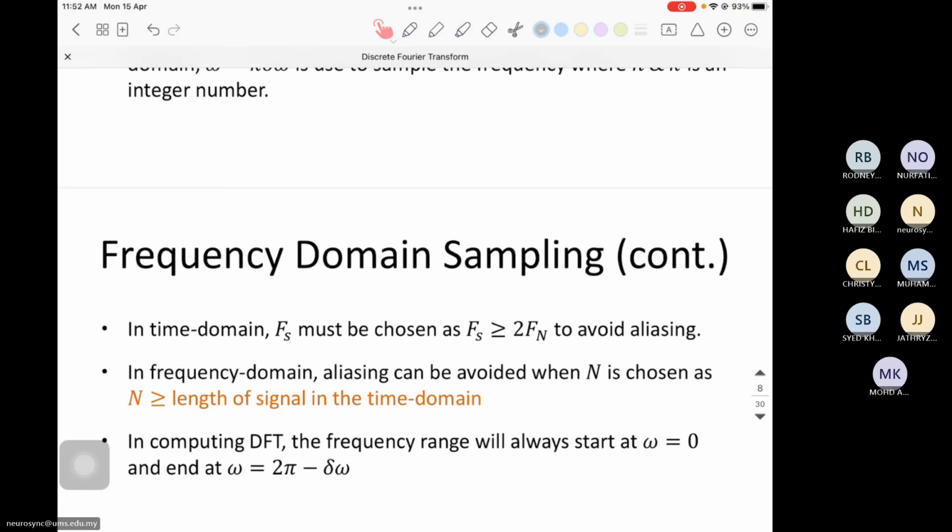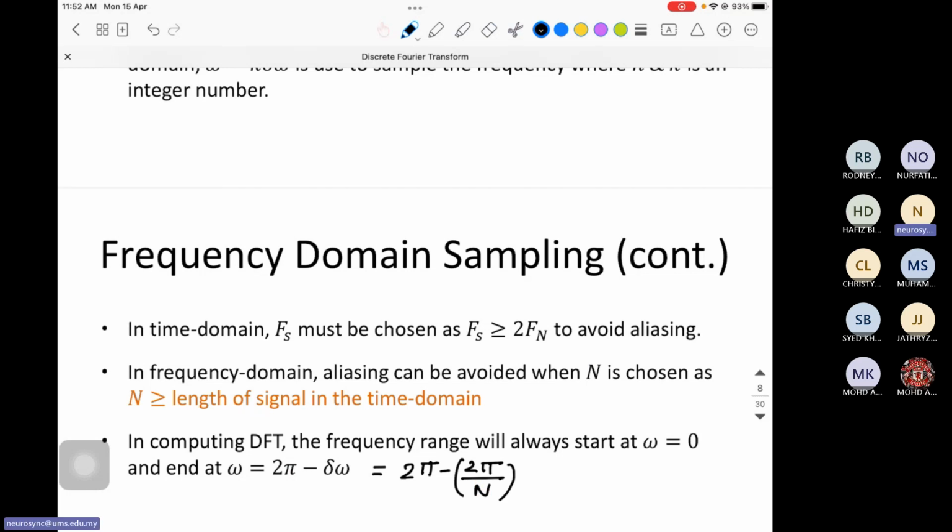Now, in computing the discrete Fourier transform, the frequency range will always start at omega equal to 0 and end at omega equal to 2 pi minus delta omega. You need to understand this. It should end at 2 pi minus delta omega, where delta omega is again 2 pi by n.